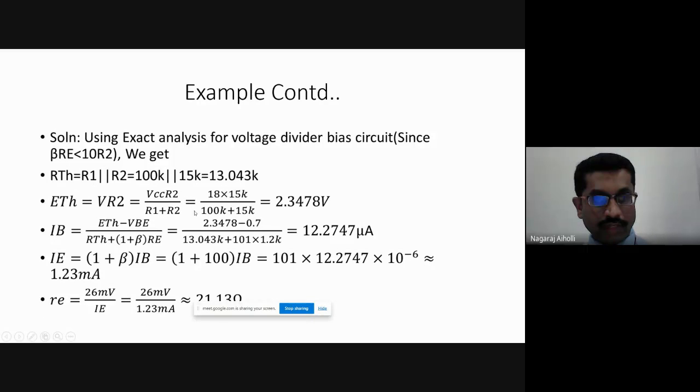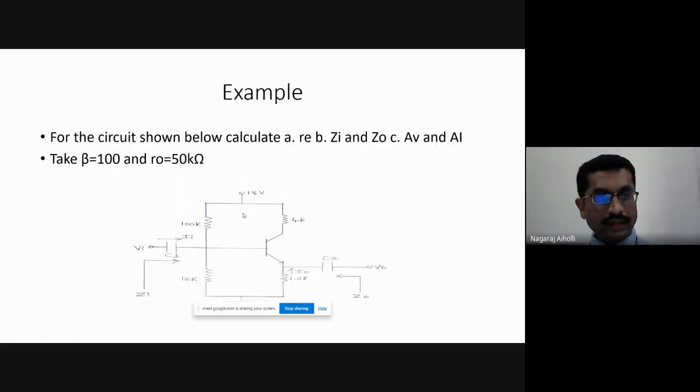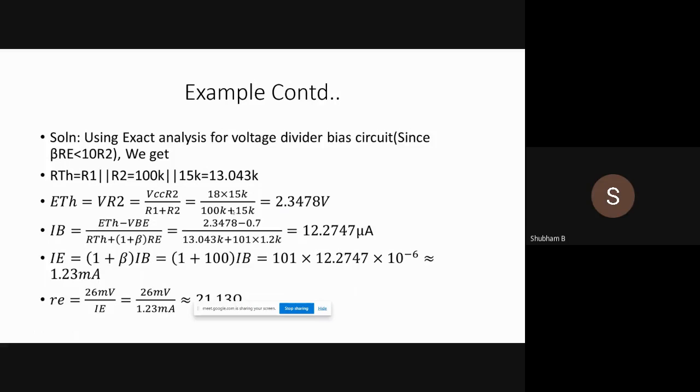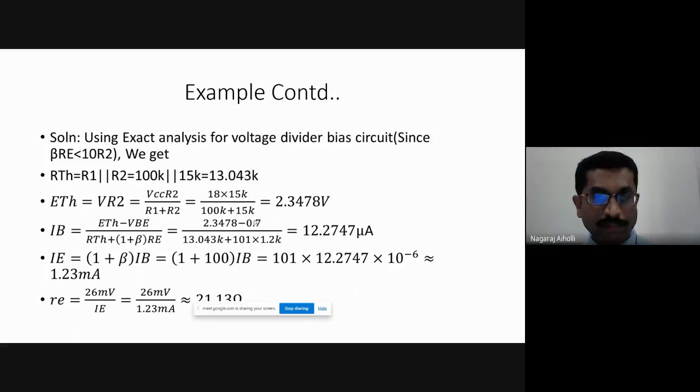So 18 into 15K divided by 100K plus 15K gives 2.3478 volts.